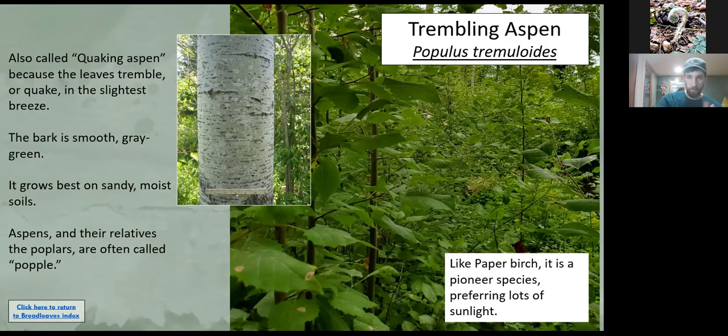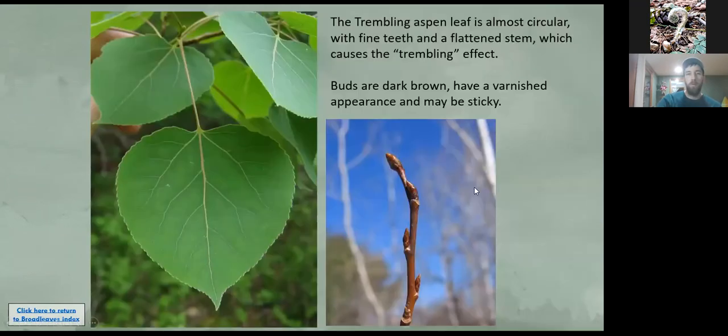That flattened petiole causes them to quake or shake in the wind as they catch the breeze. Especially in the fall, the sound of a good breeze blowing through a stand of aspens is so loud you can't even talk sometimes. On young trees, the bark tends to be smooth, grayish green. They develop best on sandy, moist soils.